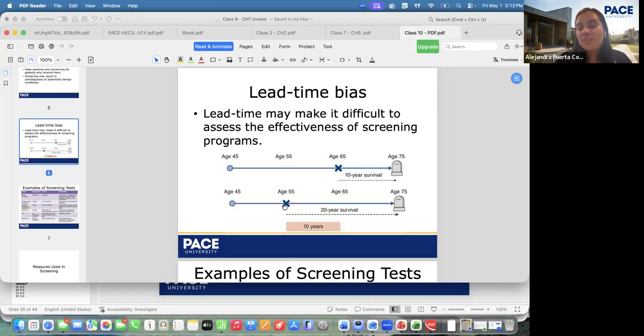It meant that I screened earlier, right? If I had screened at 65, I would only have 10-year survival, right? So the lead time bias is what makes it difficult to assess the effectiveness of screening programs.